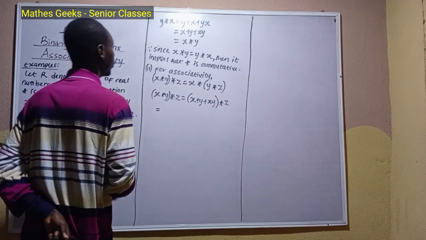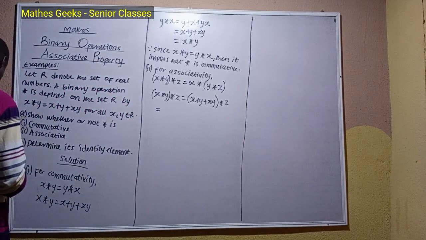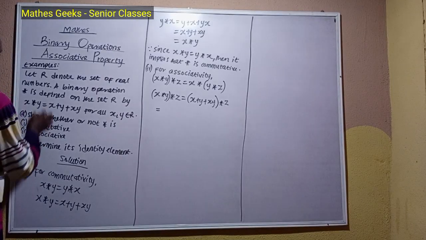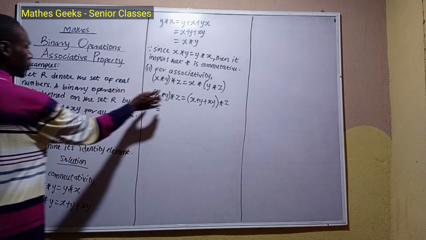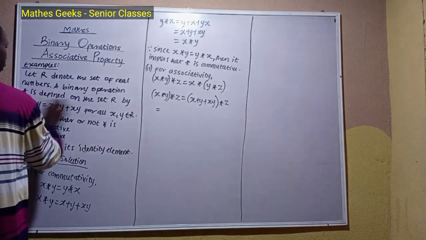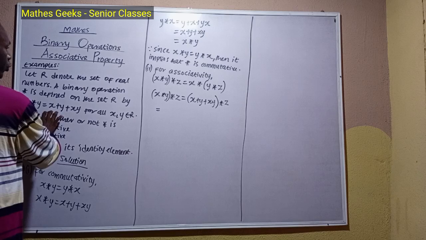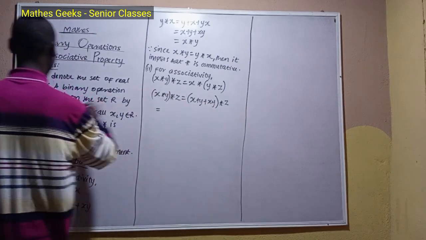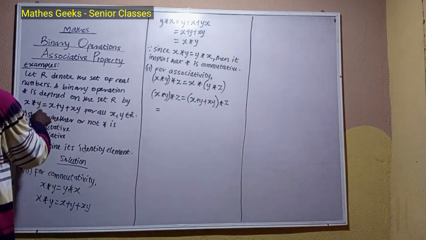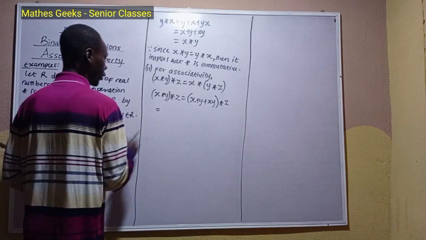So from our original rule of combination, x is x and y is z. So anywhere we have x in this equation, we put the rule of this there, and anywhere we have y in this equation, we put z in place of y.